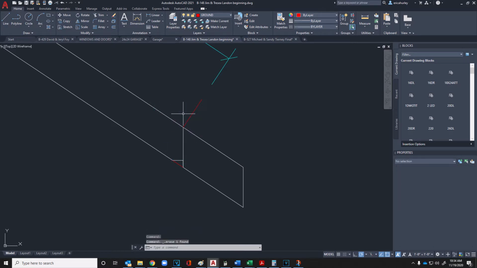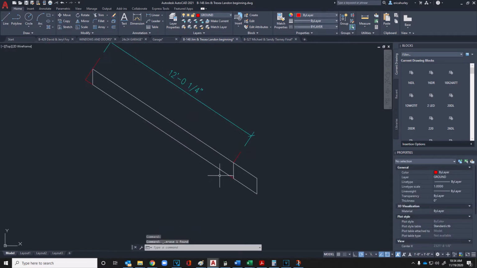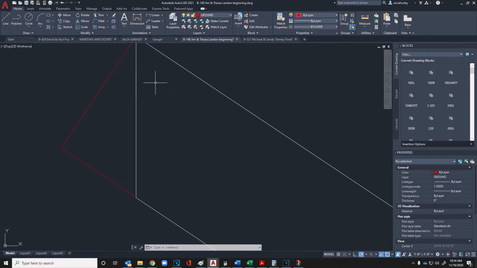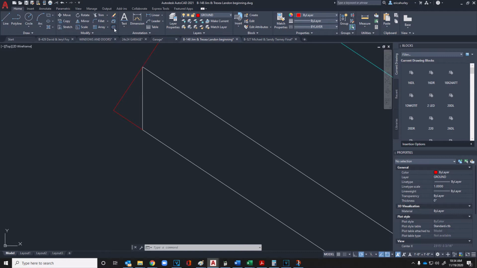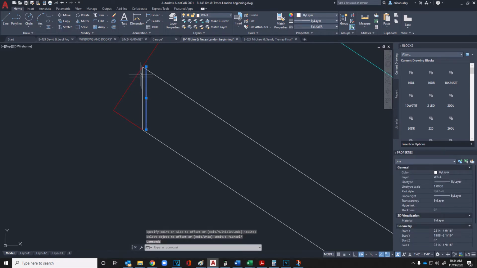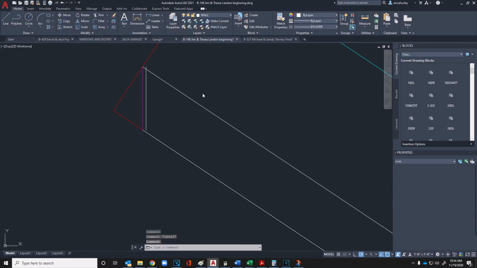All right, so we've got to the point where we figured out our bird's mouth, and we need to come back up here and take off 3/4 of an inch here. So we're going to cut this board at this point, even though this is the center line of our roof.